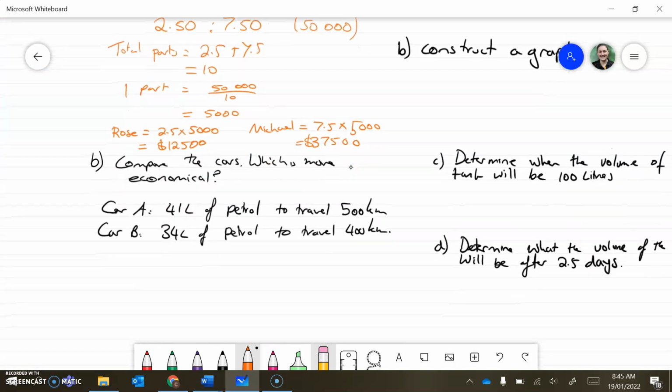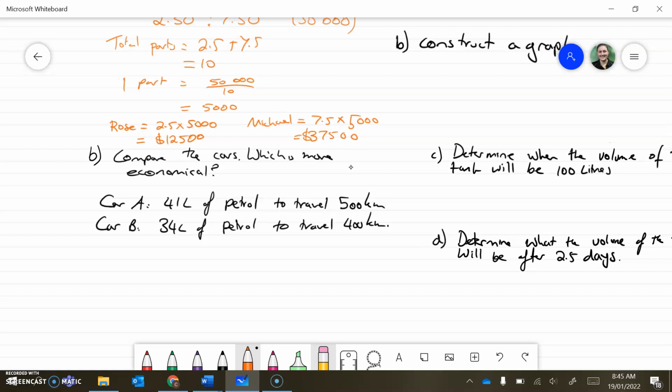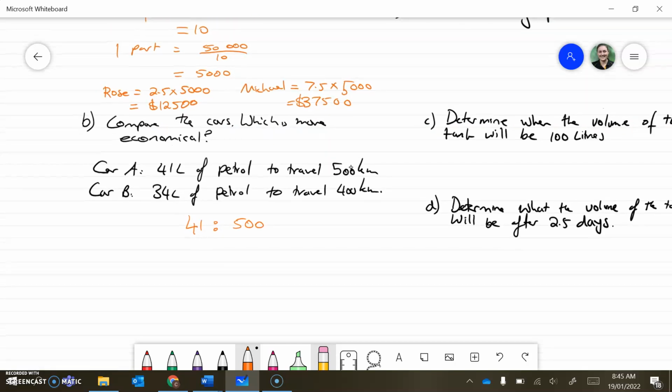Okay, compare the cars. We want to know which is more economical. So the first car used 41 litres of petrol to travel 500 kilometres. The second one used 34 litres of petrol to travel 400 kilometres. So what I want to do is work out, okay, well, what's the cost per 100 kilometres? So to get to 100 kilometres, our first ratio we need to divide by 5. Our second one we need to divide by 4. So in 100 kilometres, the first car used 8.2 litres.